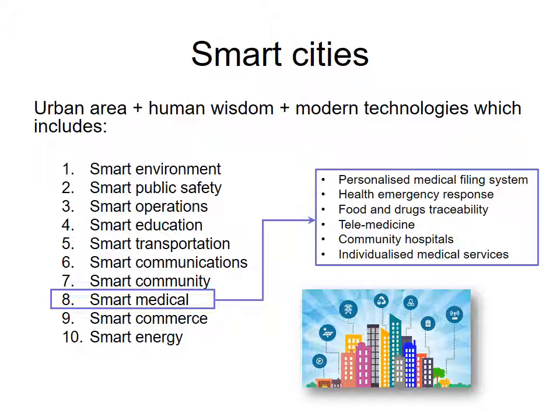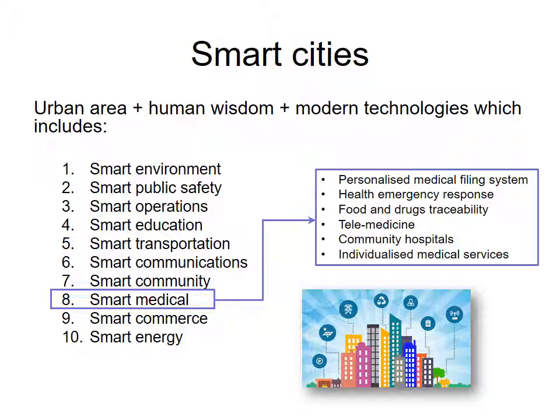So as you can see, there are several points within that aspect which need to be looked at, going from personalized medical filing systems, so electronic patient records, a prompt health emergency response, the addressing of food and drugs traceability to be able to stop counterfeit and falsification of food and pharmaceuticals, which is a plague at the moment.